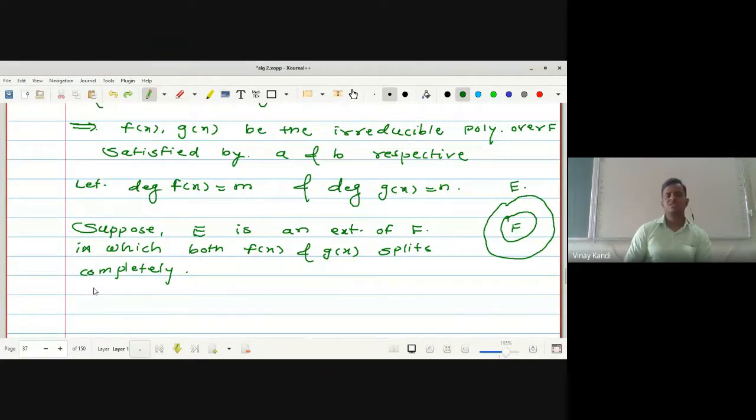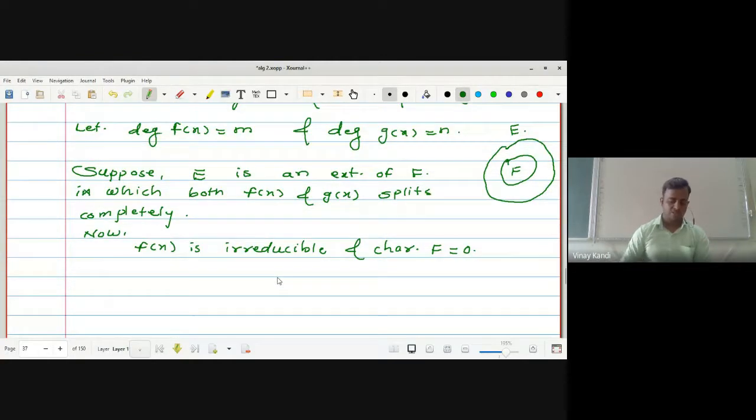Suppose E is an extension of F in which both f(x) and g(x) split completely. Now, f(x) is irreducible and the characteristic of F is equal to 0. What is the meaning of this sentence?